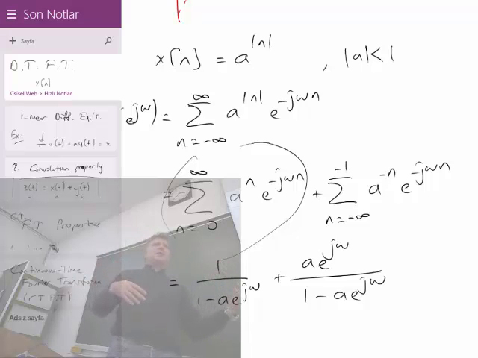What was the Fourier transform of cosine? Two real impulses. So I would expect this Fourier transform to be a real valued expression in omega. Is this thing real? It's hard to see.